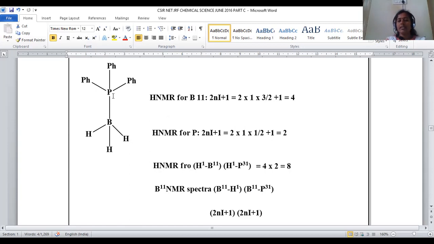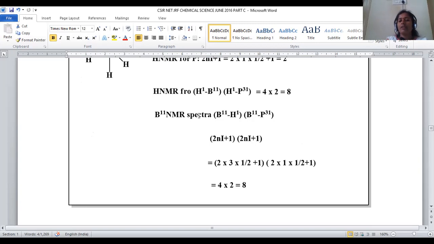How many phosphorus atoms? Only one phosphorus atom is there. Each phosphorus I value will be half. 2 into 1 into 1/2 plus 1. The 2 gets cancelled, 1 plus 1, it will be 2, right? So the proton NMR data for B11 will be 4, for phosphorus it will be 2. 4 into 2, total spectral lines will be 8.